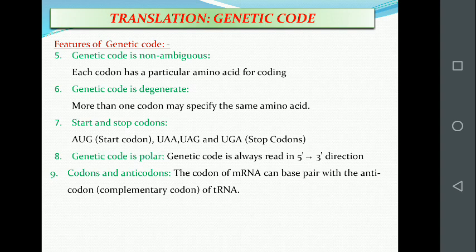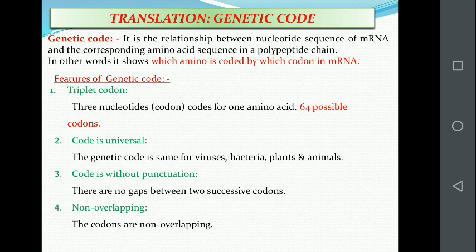The features of genetic code. First thing is triplet codon. Three nucleotides or bases act as one codon to code for one amino acid. Therefore, we have 64 possible codons, and among the 64 codons, 61 specify 20 amino acids and 3 are stop codons. The code is universal, so the code is the same for viruses, bacteria, plants, and animals.